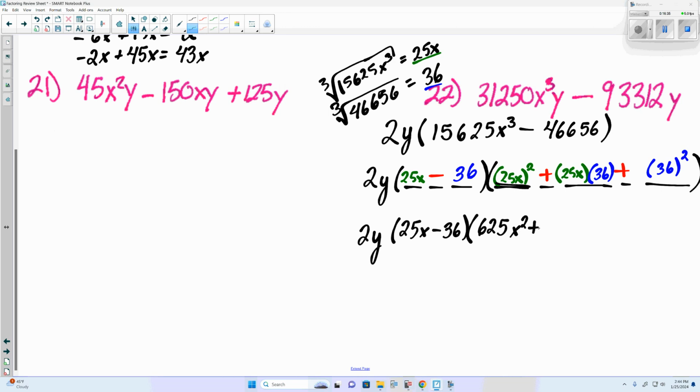Our next step would be 25x times 36. 25 times 36 is 900, and we would still have our x. And our last step would be to take 36 squared, 36 times 36. Should be 1,296. Yes.